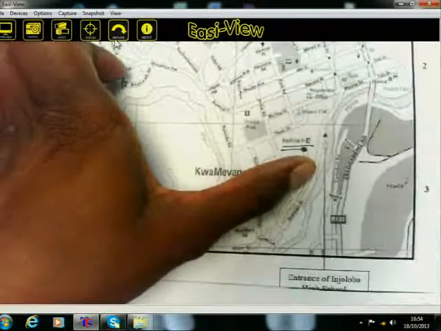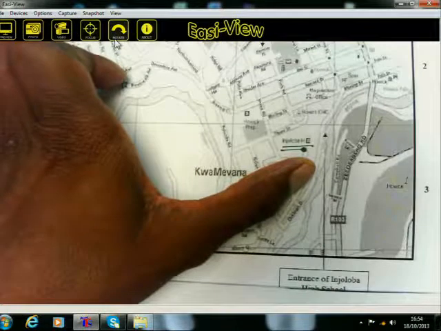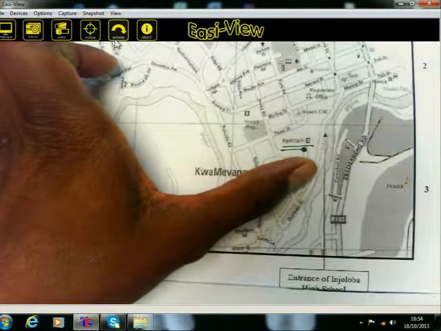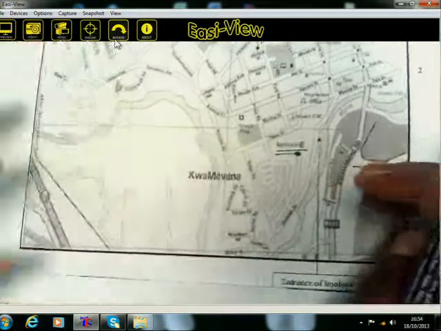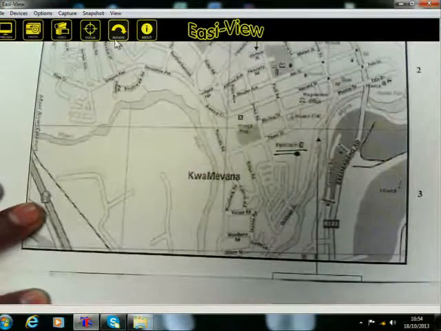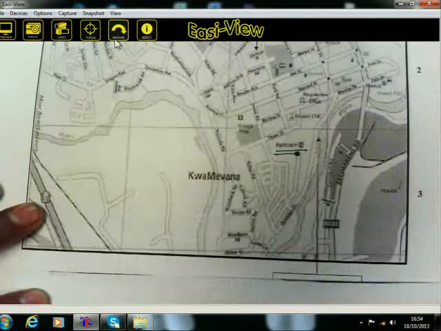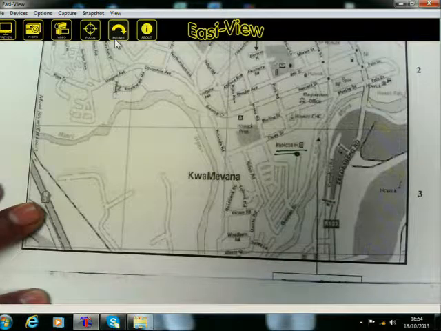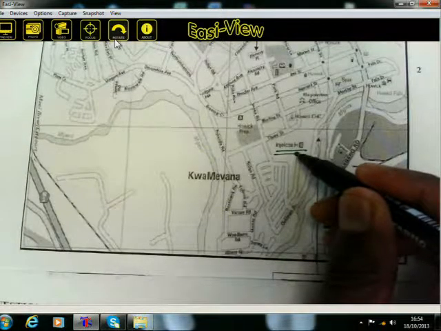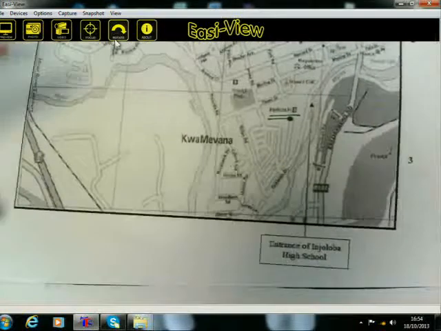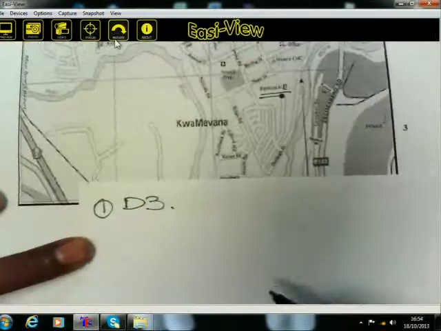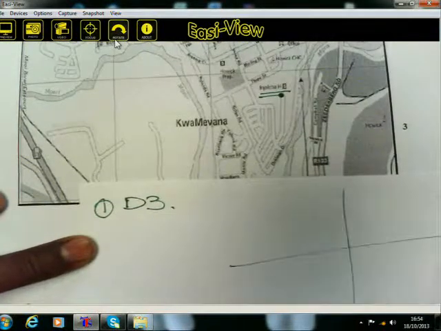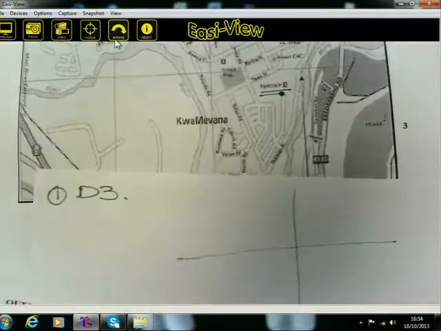Which means now we are looking for the relative direction. You must state whether, when you go from Njoloba High School to Howick, where does it lie.